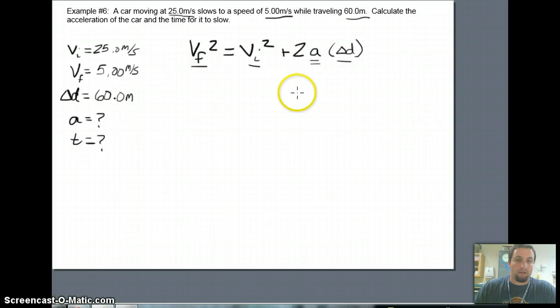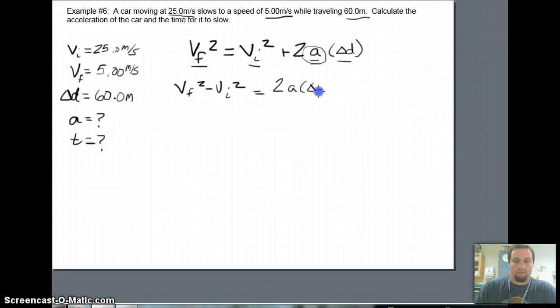So here's our equation with variables. The first thing we need to do is solve for A, because that's what we're solving for. Showing our steps, we have VF squared minus VI squared equals 2 A delta D; I just subtracted VI squared on both sides.